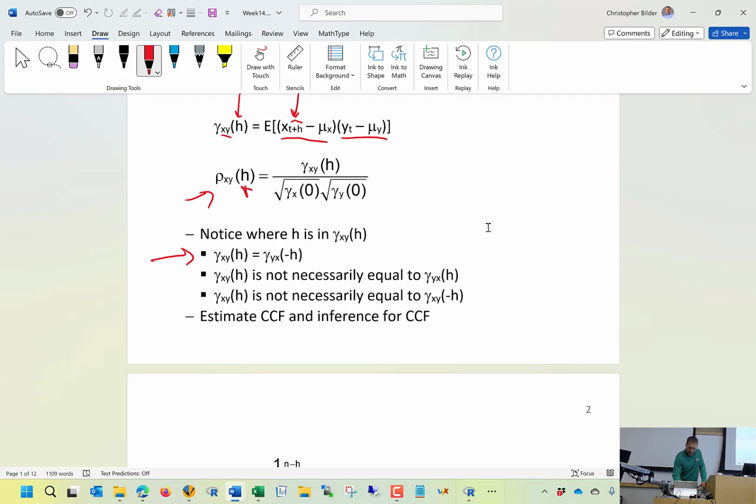And so the cross covariance function for x and y at lag h is exactly the same as the cross covariance function of y and x at negative h. Why? Well, this comes from writing out what these symbols mean, which I did in the videos.